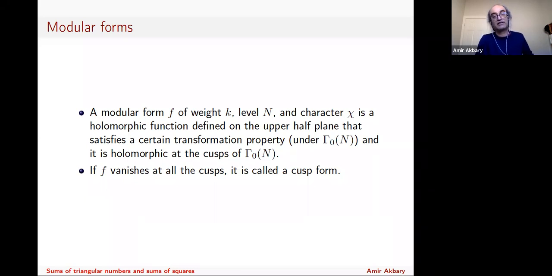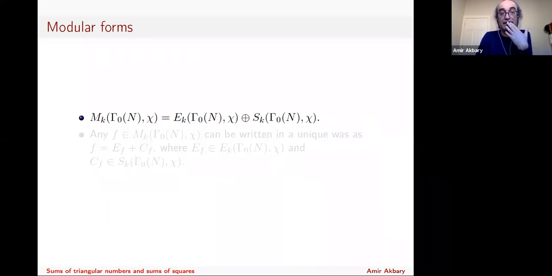If f vanishes at all the cusps, we say that we have a cusp form. If you consider the space of all modular forms of weight k, level n, and character chi, we get a finite dimensional complex vector space. And you can have an inner product in this space called the Petersson inner product.